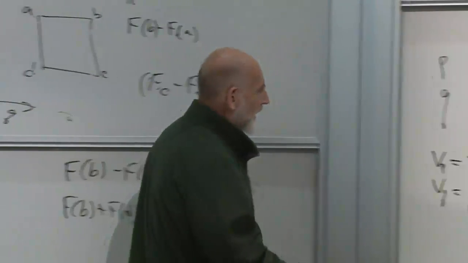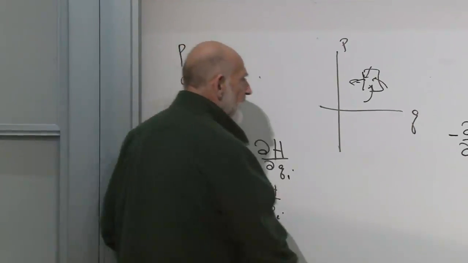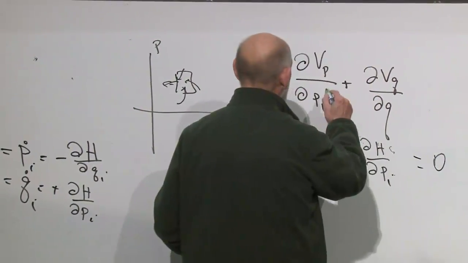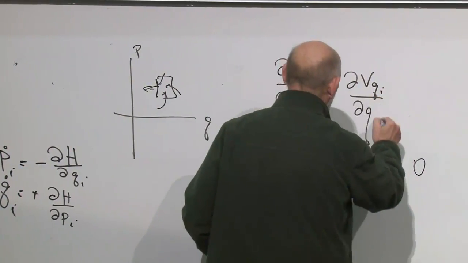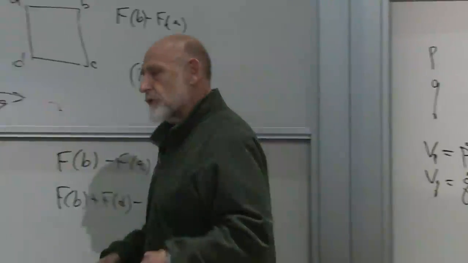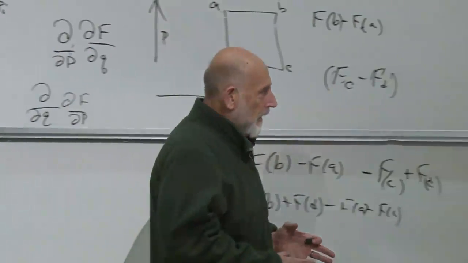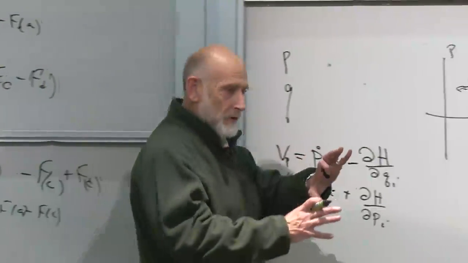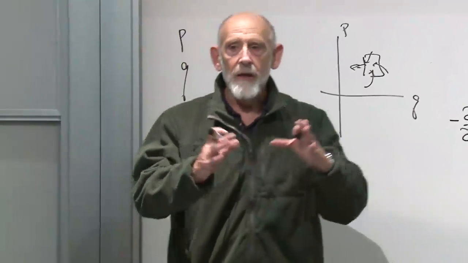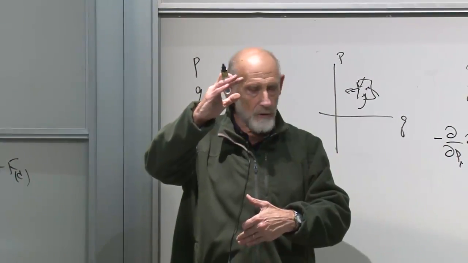You just put an I in here. Same deal. It's just a multiple version of exactly the same thing with any number of dimensions. In each pair of directions, each Q and P, the flow along one axis is compensated by the flow along the other axis.